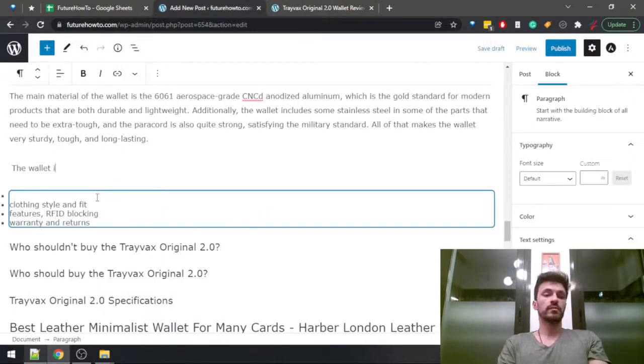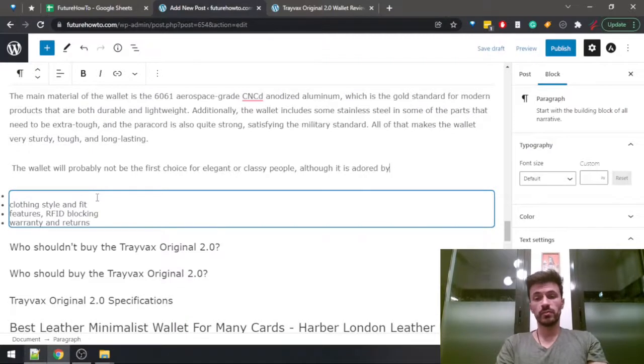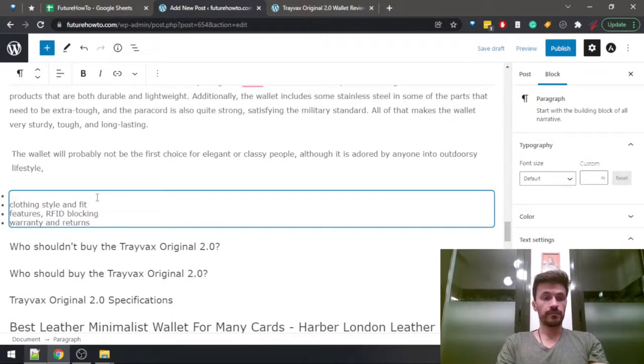The wallet will probably not be the first choice for elegant or classy people, but it is adored by anyone into an outdoorsy lifestyle or that rocks that urban military look. Okay, that's pretty good.